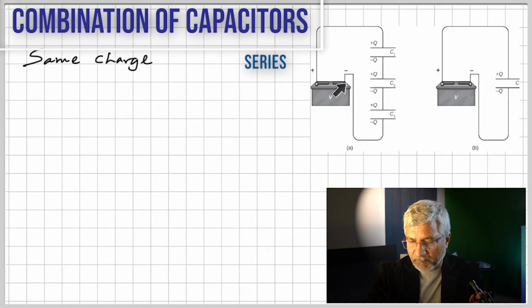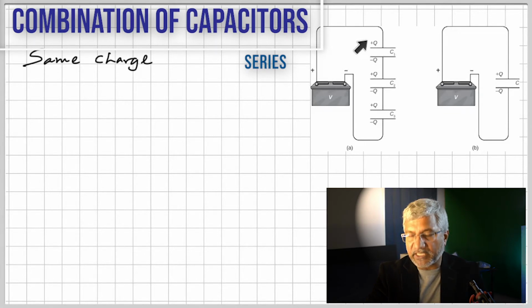As you can see, the plate that gets a negative charge is always connected to the negative of the battery, and the plate that gets a positive charge is connected to the positive. Also, the opposite plate has the opposite charge for sure.